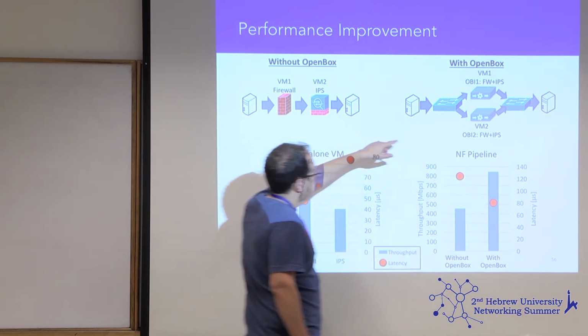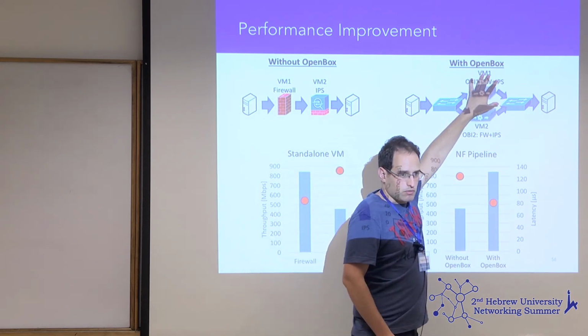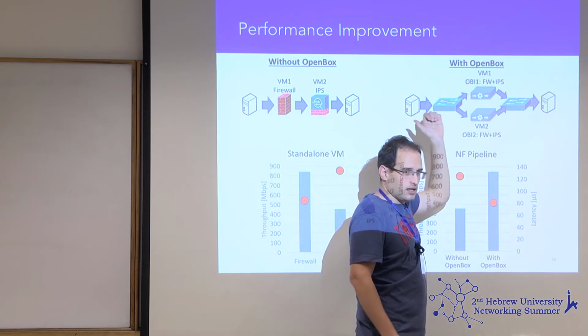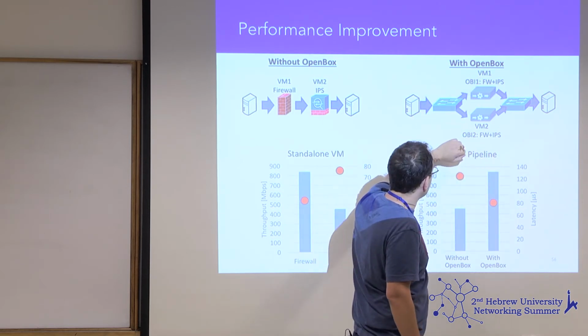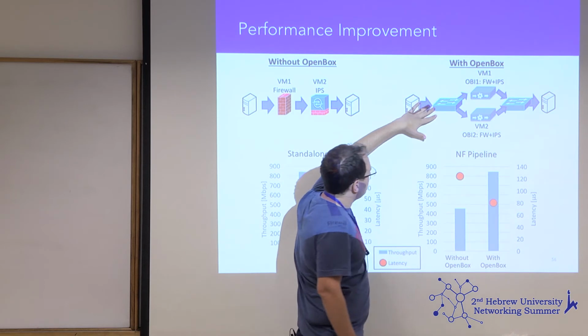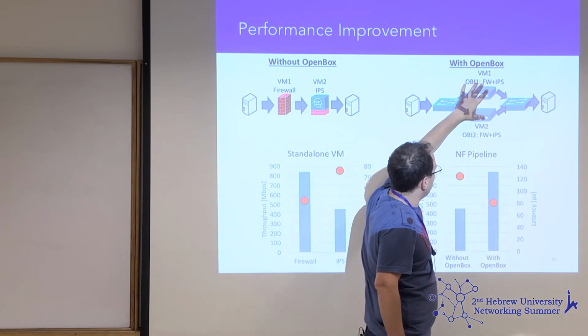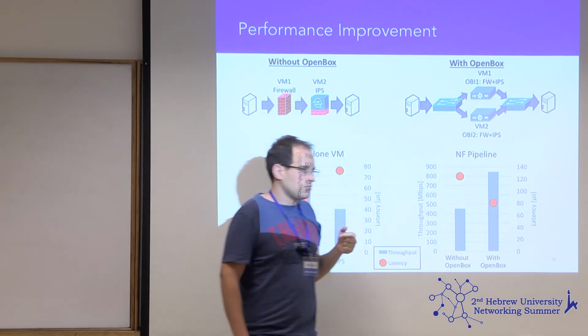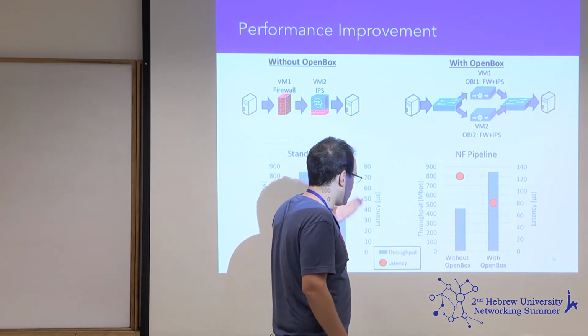With OpenBox, we use the same two virtual machines, but we deploy our service instance now instead of these standalone network functions. And we then load balance the traffic through these two instances. So we now have two instances running the same logic.